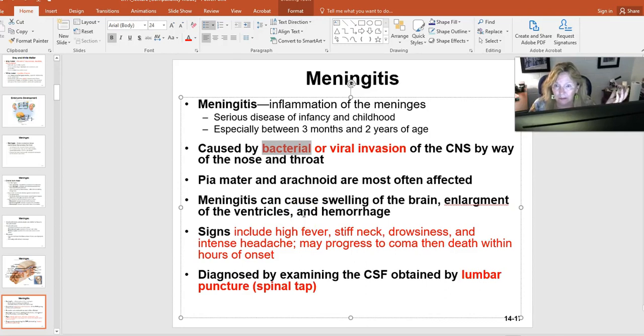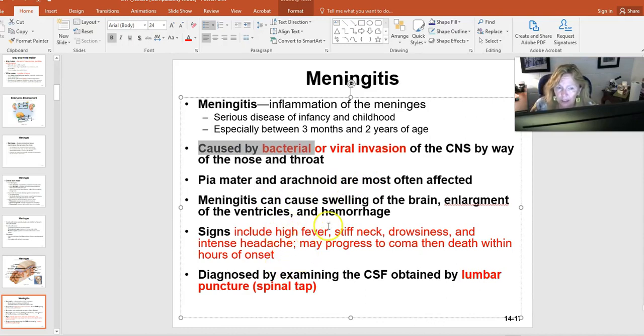I mean, essentially, those are horrific. But by far, way more cases of meningitis are caused from viruses than any other types of etiologies.